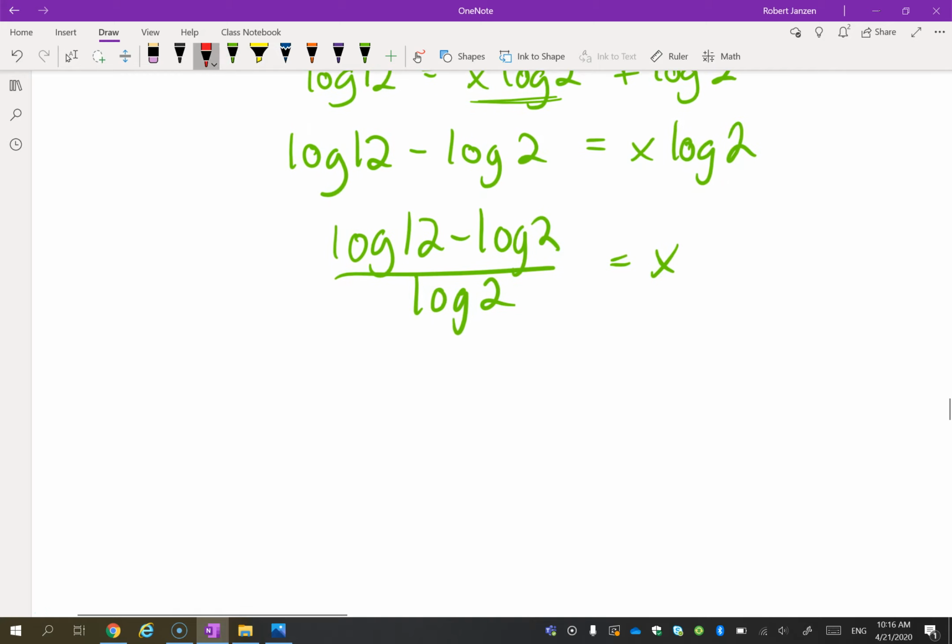Now when you put that in the calculator, be careful, you need brackets here. Okay, so let's try that. Log 12 minus log 2 divided by log 2. So 2.585.